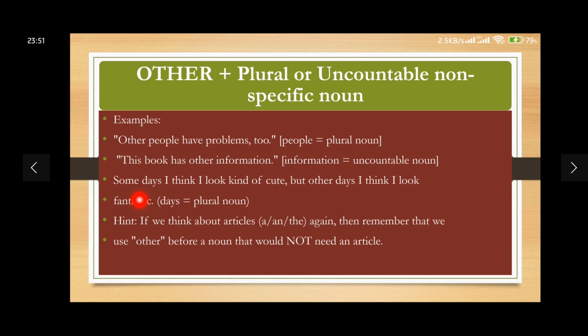So days is a plural noun. If you think about the article a in the again, then remember that we use other before a noun that would not need an article.